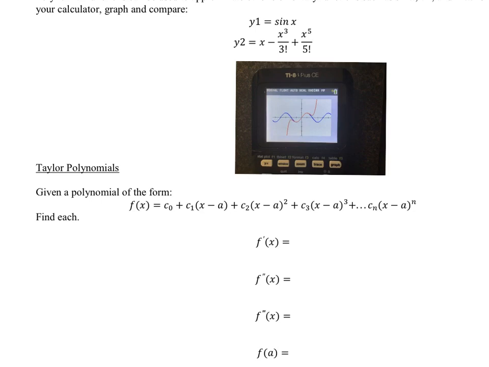So we have this polynomial definition. It's as good a definition as any other. So what we're looking at is an nth degree polynomial in standard form. Now you might look at it and say, well, I thought polynomials were in the form of something times a constant, then something times x, and something times x squared, and something times x cubed, and so on.